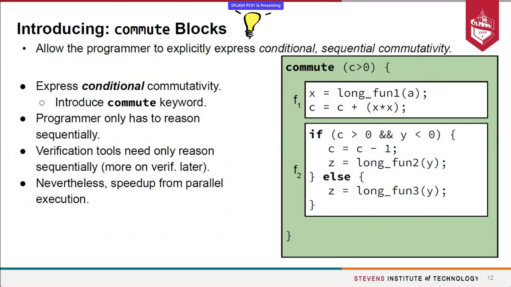For the remainder of this talk, we're going to call these blocks fragments, just to avoid confusion with other notation. Another benefit of thinking this way is that we would like our verification tools to only reason sequentially as well, and yet we'd still like to get benefits from running these in parallel.